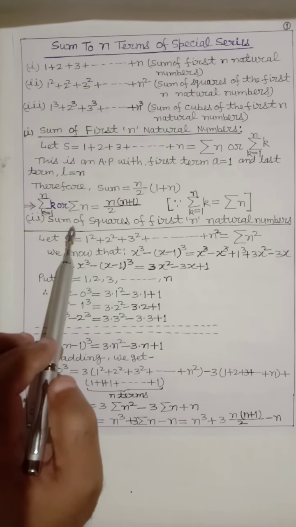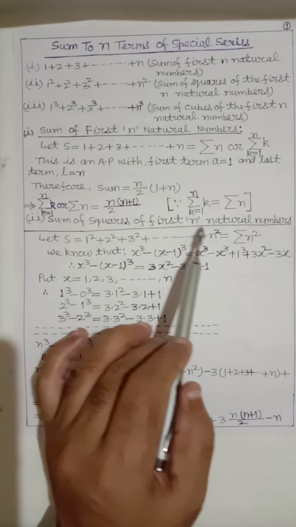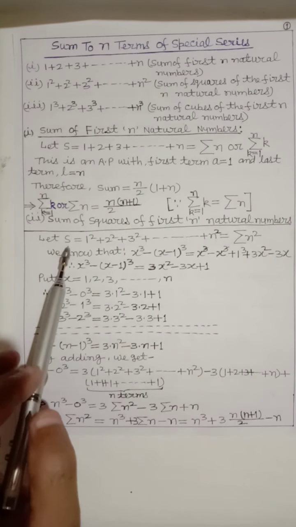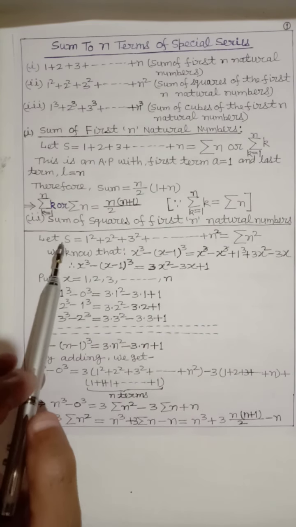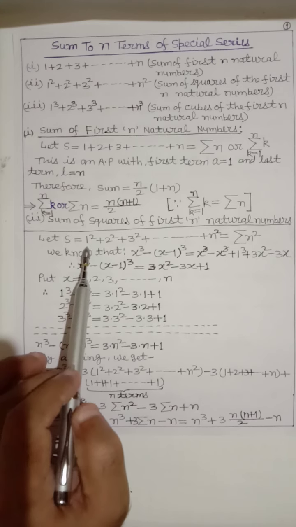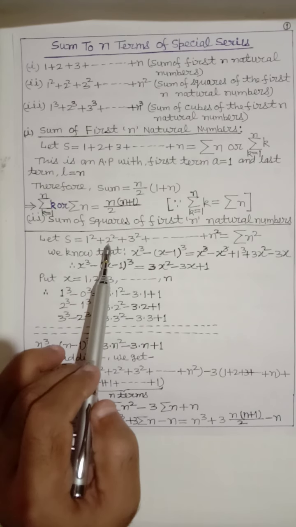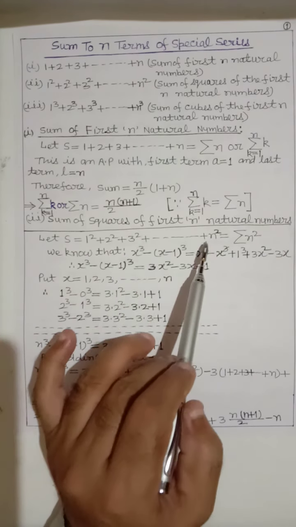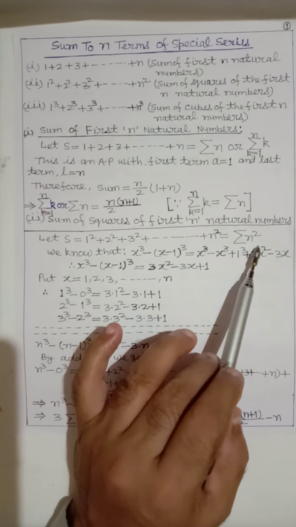Second, sum of squares of first n natural numbers. Let s mean sum of squares of first n natural numbers equal to 1 square plus 2 square plus 3 square plus and so on plus n square, and this is equal to summation n square.